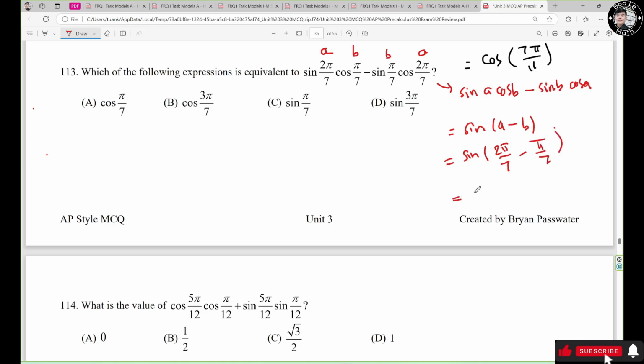Then you simplify: 2 pi minus pi is pi, so pi over 7. The answer must be C.